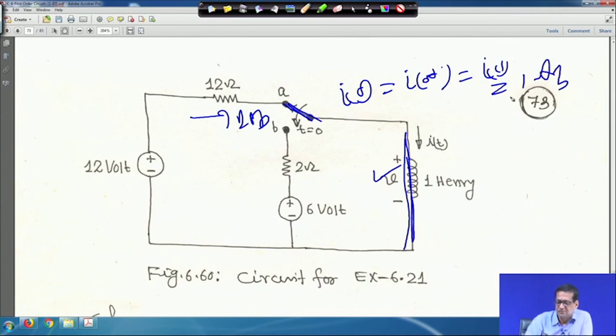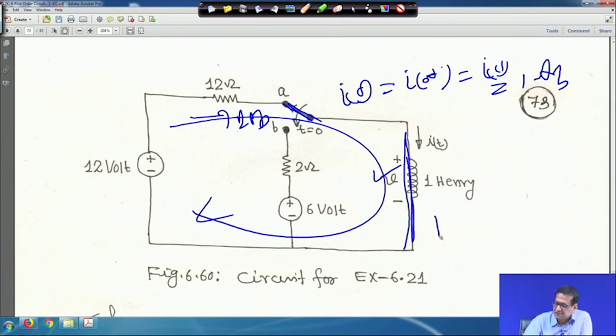So, if you apply KVL like this, because the inductor is acting as a short circuit, it is 12 into 1, because the current flowing through this is 1, plus V minus 12 is equal to 0.